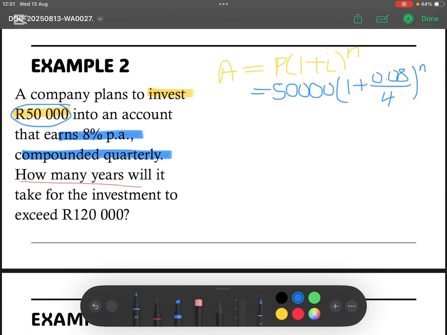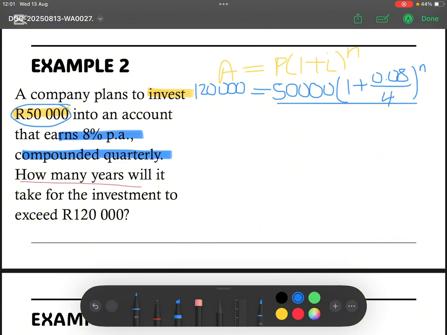So now the amount of money that you will accumulate in a certain number of years, which we don't know, we need to solve for, it will be 120,000, which is the money that you're going to accumulate. Then we'll have 120,000, and then now you can solve for the value of n.